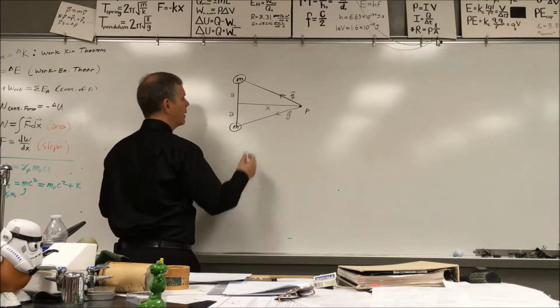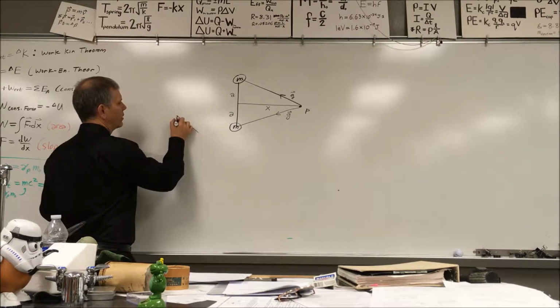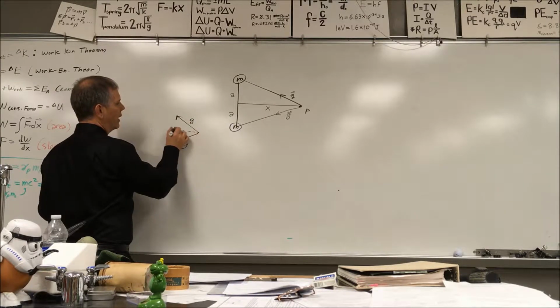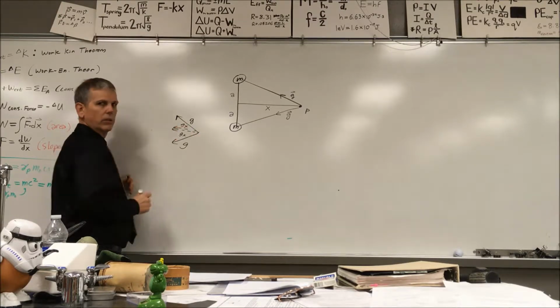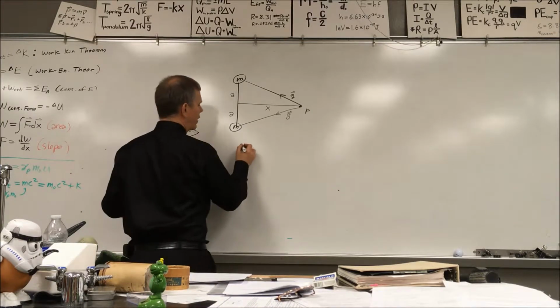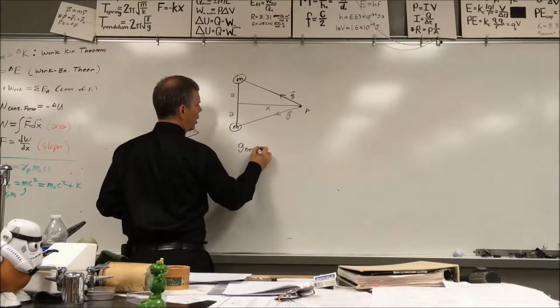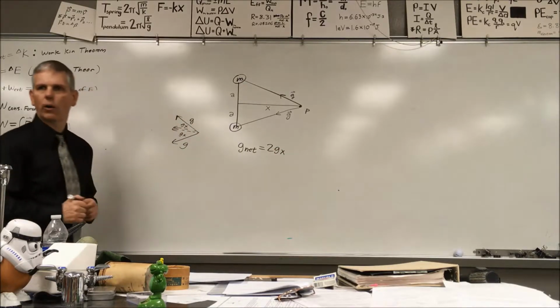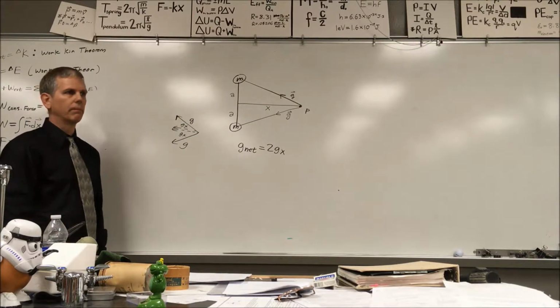So if this is g and this is g, then there would be a gx and a gx. So we see that our g net would equal 2gx. Are we all in agreement with that?